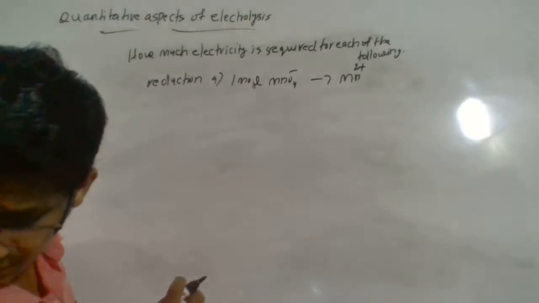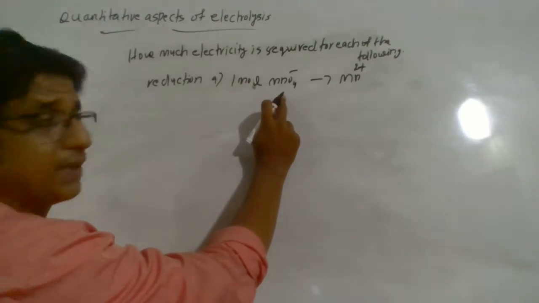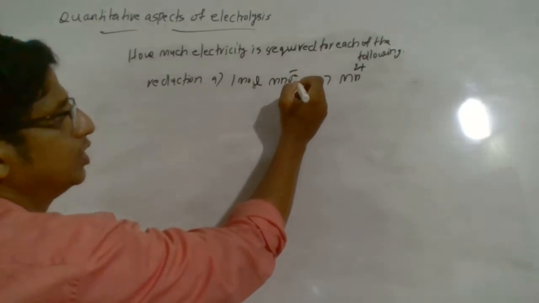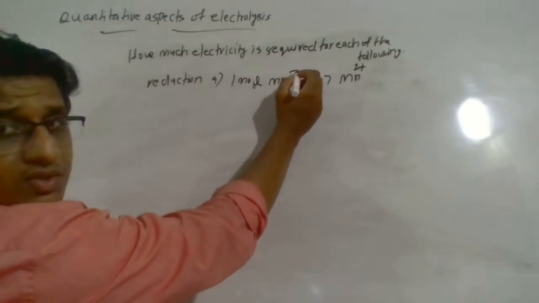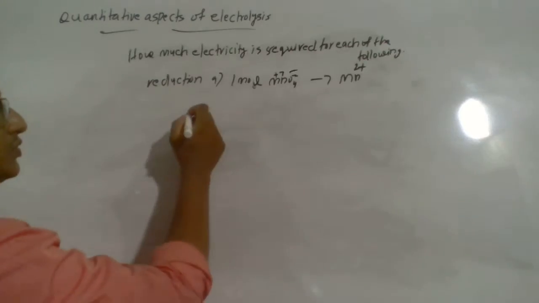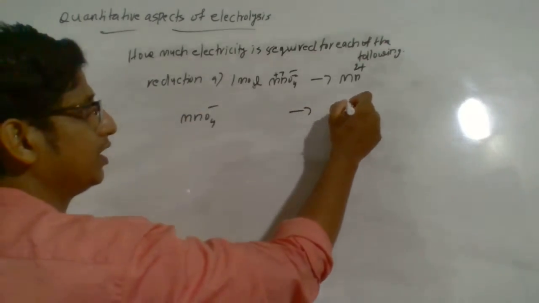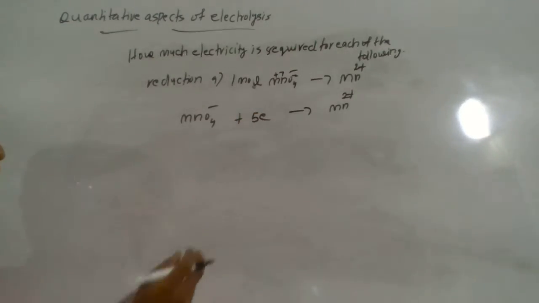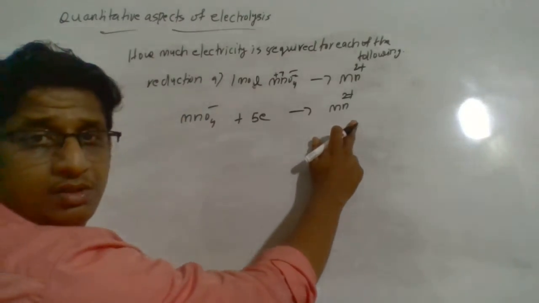So here now you have to understand, MnO4 minus is a permanganate ion. Oxygen is more electronegative, so oxidation state is minus 2. 4 into minus 2 is equal to minus 8, which means for the whole charge to be minus 1, manganese is in the plus 7 oxidation state. So MnO4 minus is getting reduced to Mn2+ by 5 moles of electrons required for the reduction of permanganate ion to manganese ion, Mn2+.